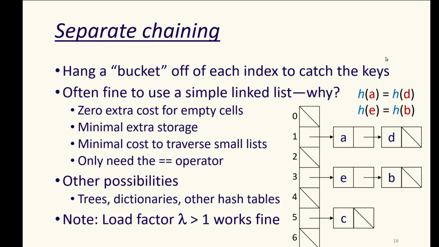So if the load factor of lambda is larger than 1, we're still going to be just fine for separate chaining here. We're not going to run out of space when every slot in the hash table fills.